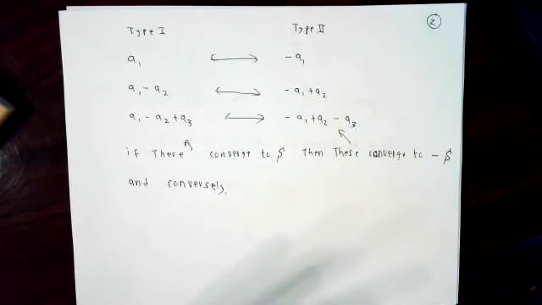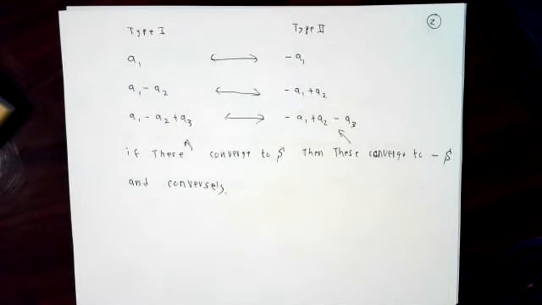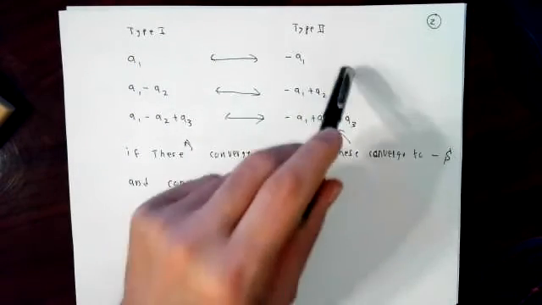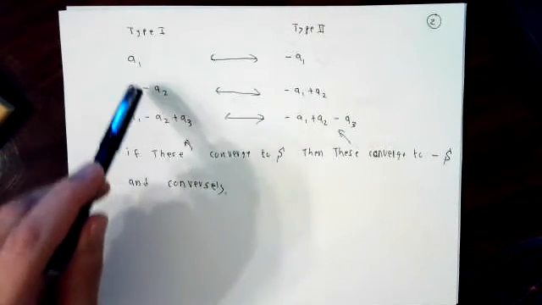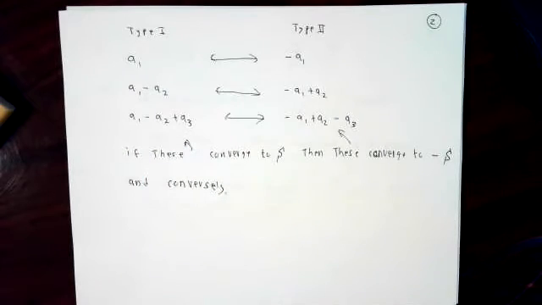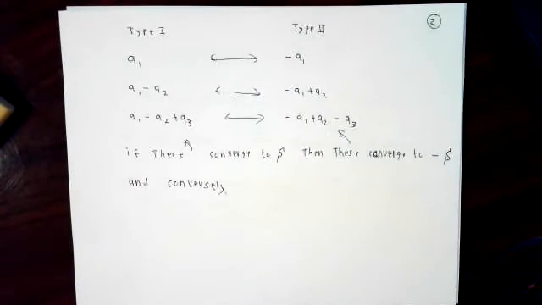As you can clearly see, all of the partial sums for a type 1 series are the negatives of partial sums of an alternating series of type 2. So if these converge to a certain number, say S, then these converge also to negative S. If one converges, the other converges as well.